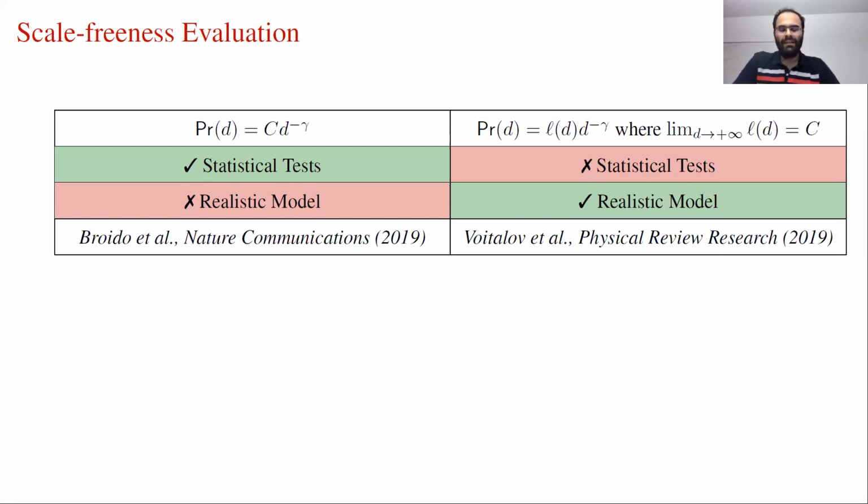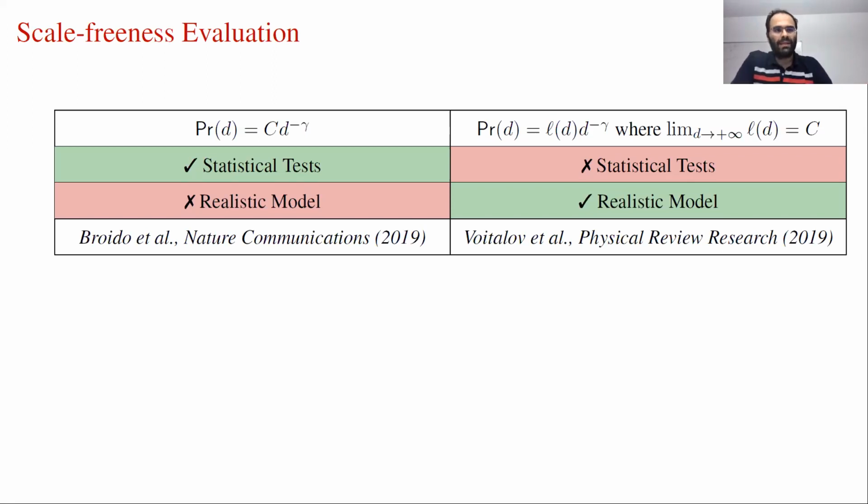The other way of defining scale-free networks is that we would say a network is scale-free if the probability of a randomly sampled vertex having degree d is equal to some function L of d times d to the power of minus gamma, where this L of d asymptotically converges to some constant. And as you can see, the previous definition is a special case of this more general class, which is actually equal to the class of regularly varying distributions.